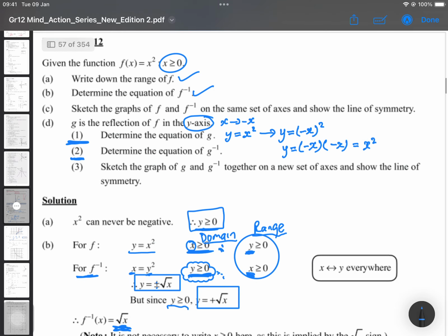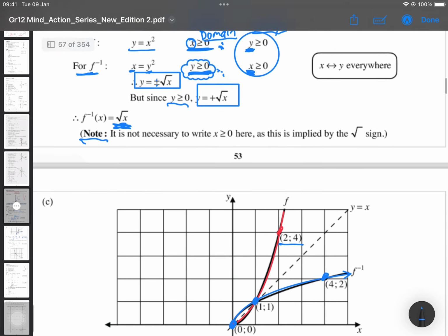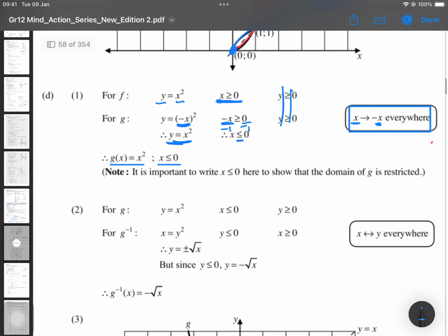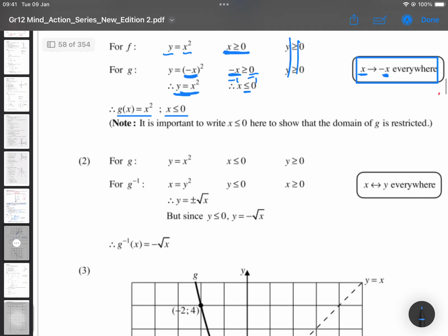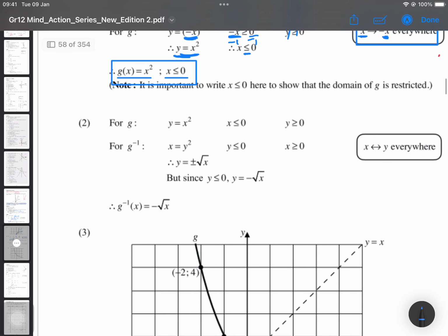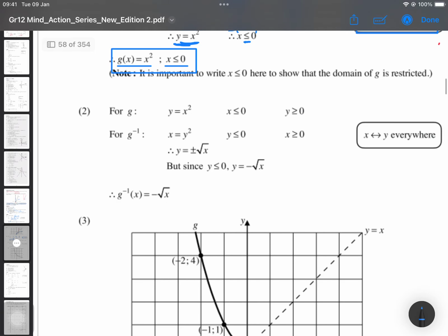D, the second one says determine the equation of the inverse of G. So now we take that G that we got previously, that is this. Remember what G is now. We're going to find the inverse of that. So to find the inverse, again, we take it exactly the way it is, just put y there instead of G, with its restriction. So for the inverse, we swap x and y.